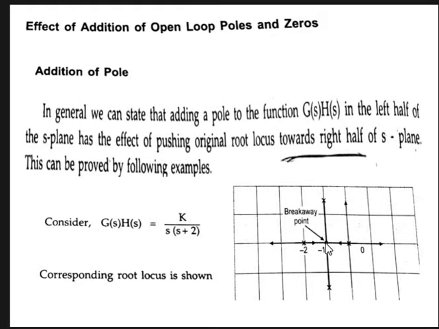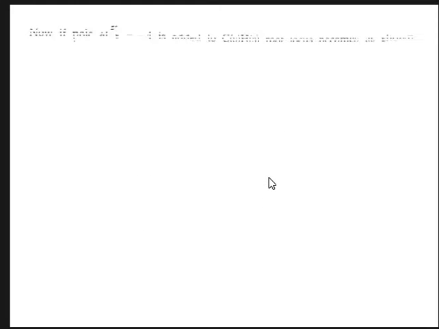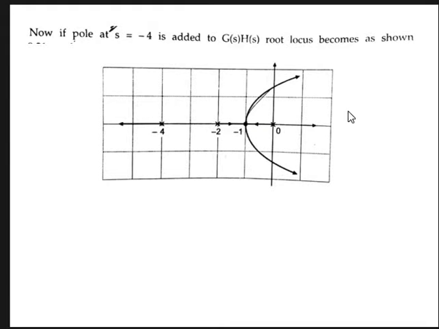Now I want to add one pole to this function, that is s equals minus 4. That means now G(s)H(s) equals K by s into (s plus 2) into (s plus 4). The root locus for this function is like this.